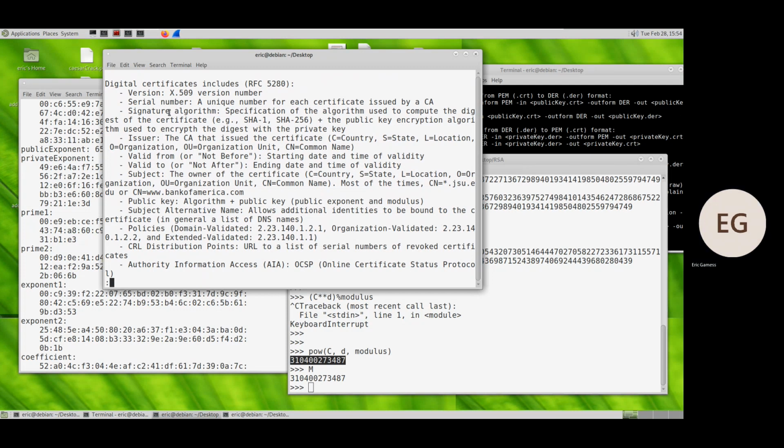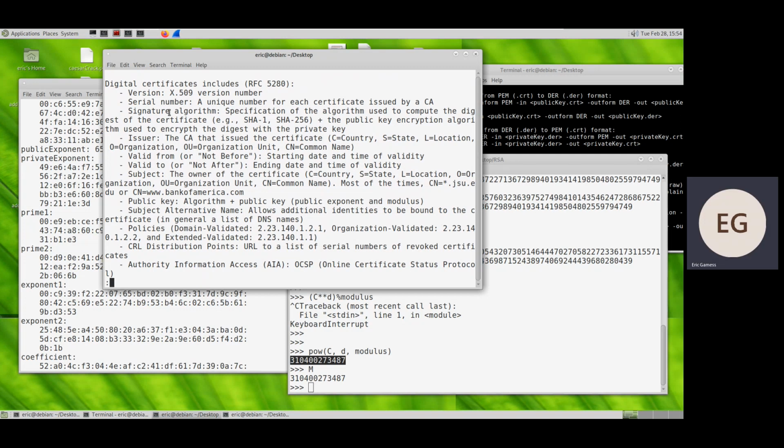Then the certificate is signed by the certification authority. To sign it, you remember how we sign? If I want to sign, what can I do? I use my private key and I encrypt.